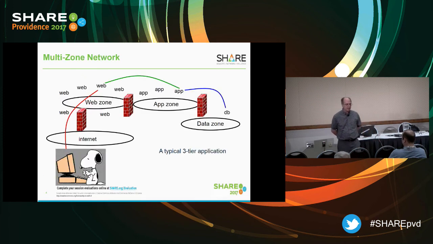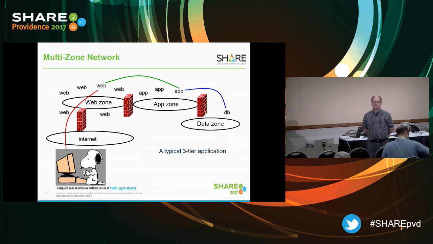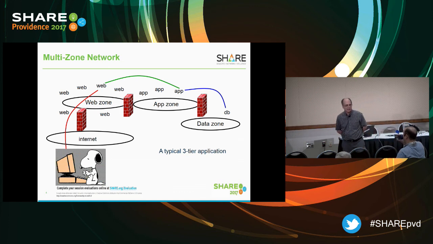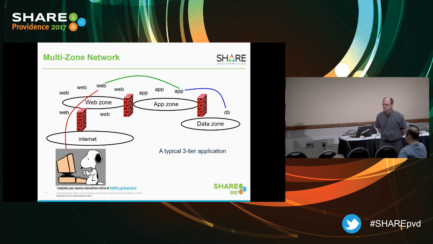What I'm showing here is what all networks look like to me. Every application that people build looks like this. We can talk about how many servers are involved in that particular diagram. But in general, when I'm thinking about it from a virtualization point of view, all applications involve somebody out there somewhere.